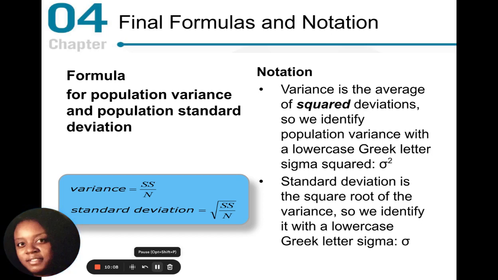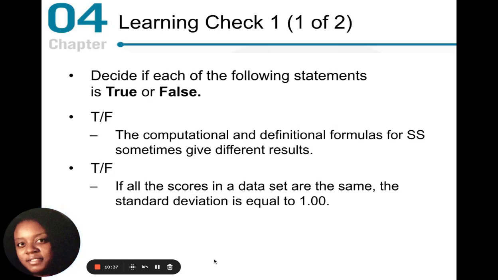And we do so with the lowercase Greek letter sigma squared. And then our standard deviation is the square root of the variance, so we identify that with the lowercase Greek letter sigma. We're continuing to add more and more formulas for you to understand standard deviation. Let's go ahead and take a little bit of a learning check.